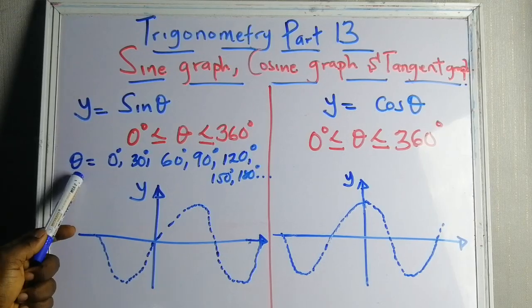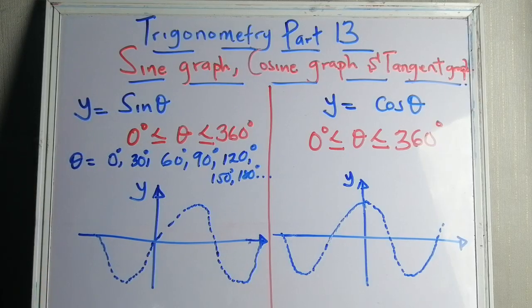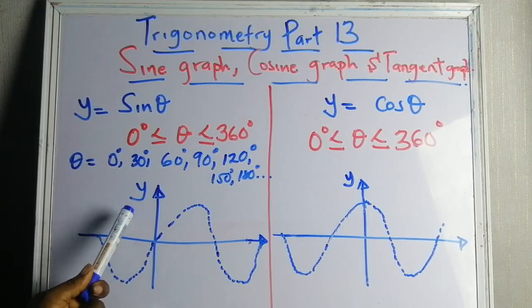Very simple. What you just need to do is come here, theta is equal to 0. Put y equals sine 0. So the first thing is to put y equals sine 0, then press your calculator. What is the value? Then you already know what your y is.